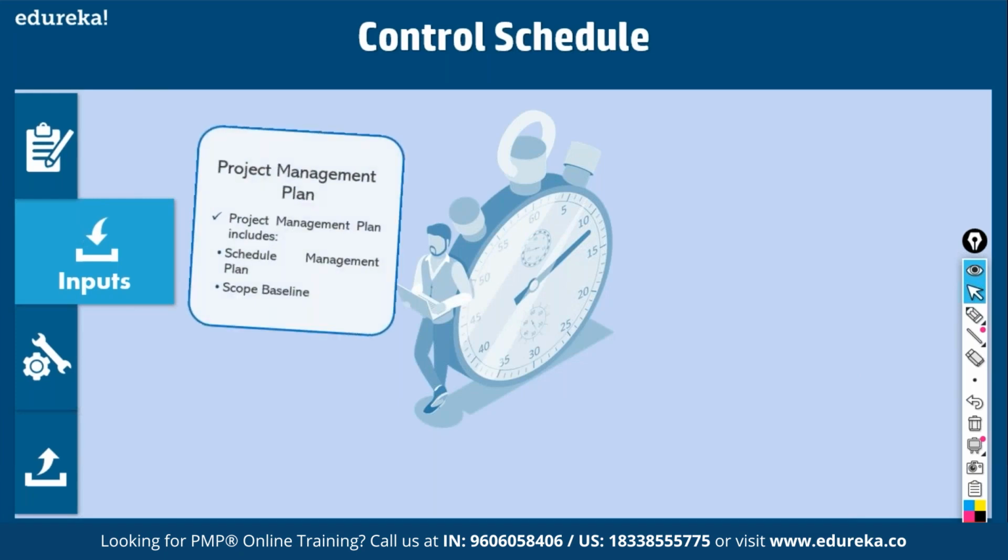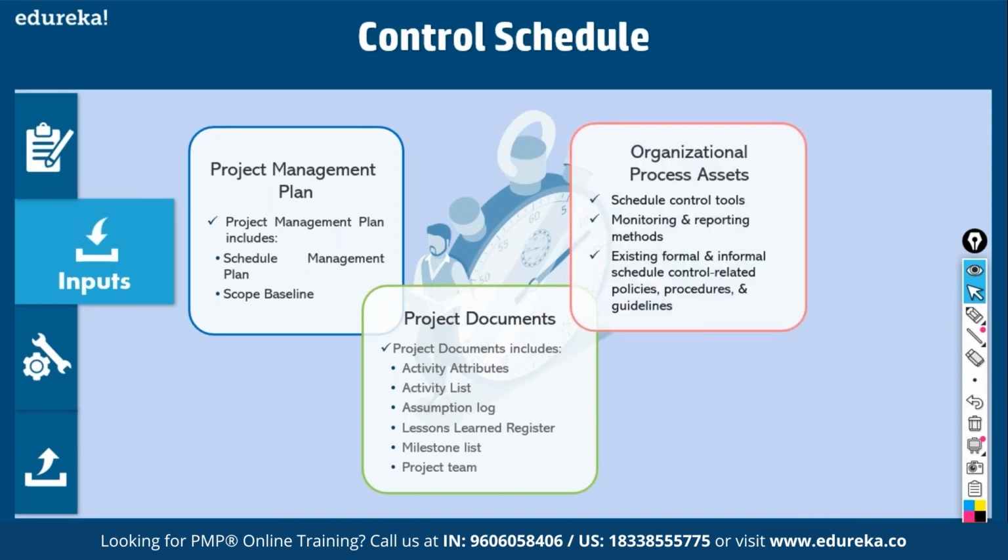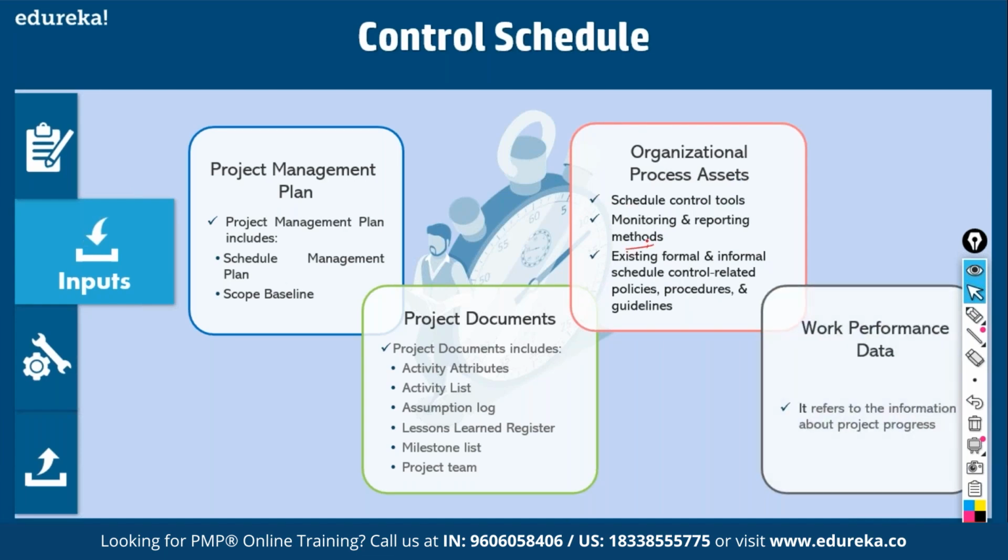Fine. So the plan is an input, project documents are inputs, organizational process assets, any control tools, reporting methods are inputs. Then work performance data: which activity has started, which has not started, which has ended.